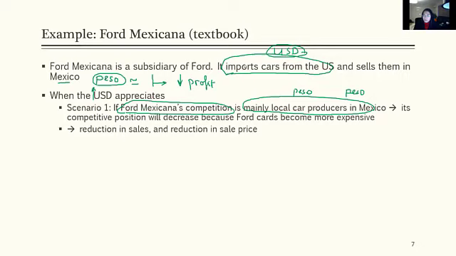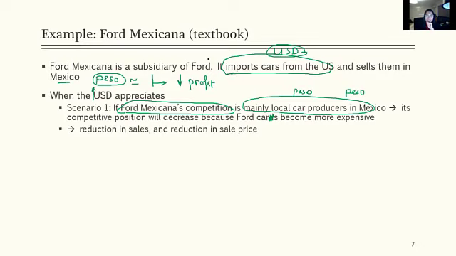Question 7. So if I talk about the competitiveness of Ford Mexicana for this particular scenario, do you think that their competitiveness would increase or decrease, or there's no change to it? I've got one answer, two answers, three answers.